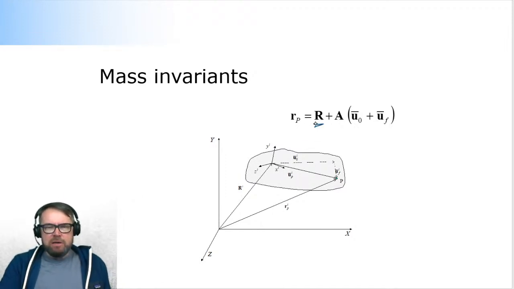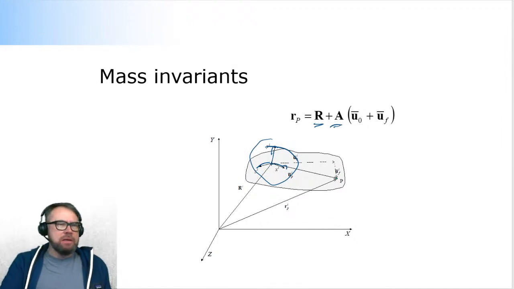You have this R that is describing the large reference translation of this reference coordinate system. You have the rotation matrix that is describing large reference rotations of this reference coordinate system. And then you have vector U bar 0, which is describing the particle location in its undeformed configuration. And then you have this deformation.